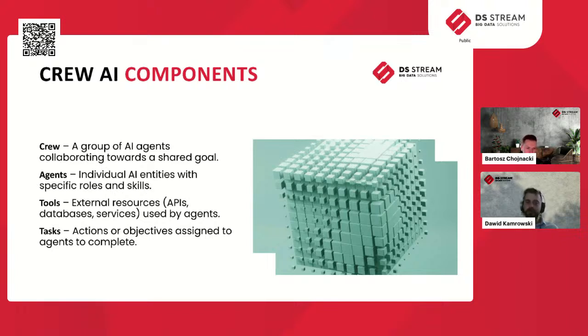At the core of this system are tasks, individual actions or objectives assigned to agents. Each agent is responsible for executing its task efficiently, whether that means retrieving data, making a decision, or triggering an external process. By structuring AI systems in this way, we move from a simple single agent interaction to a dynamic multi-agent ecosystem where specialized AI entities collaborate to solve problems intelligently and autonomously.